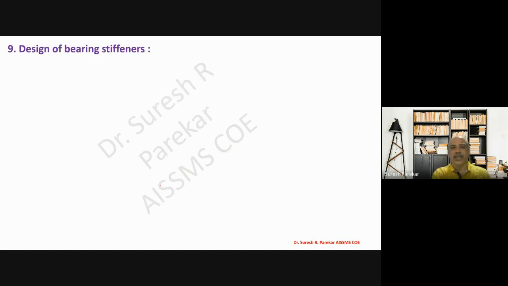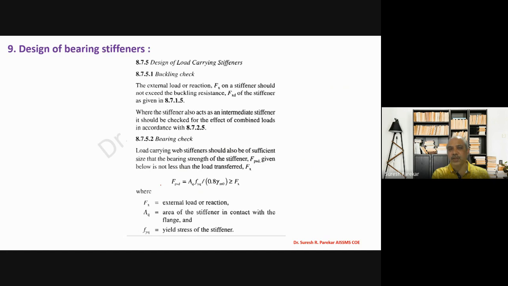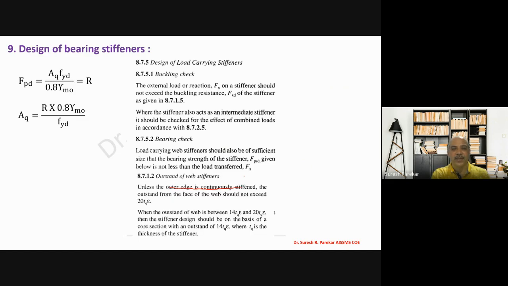Then we can have the design of bearing stiffener. So we have to use clause number 8.7.5, and by using this formula we have to design the load bearing stiffener. You can see Aq fyd upon 0.8 gamma m0, and that should be greater than or equal to the reaction. You can see the area required we have calculated, and here it is mentioned what the outstand will be.